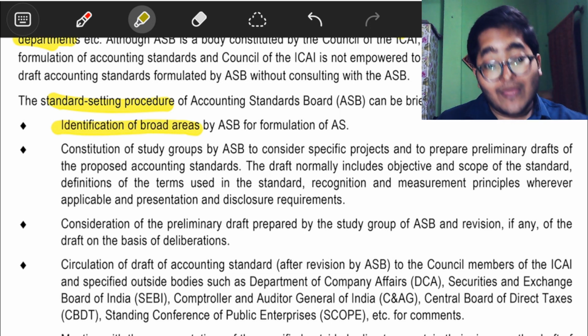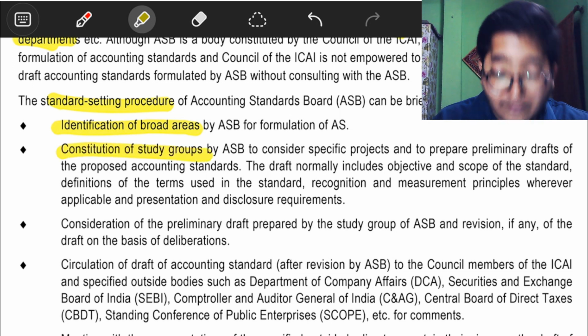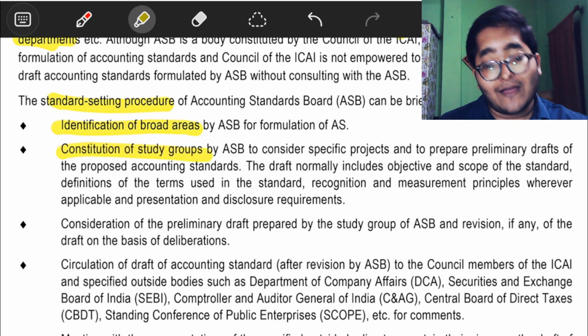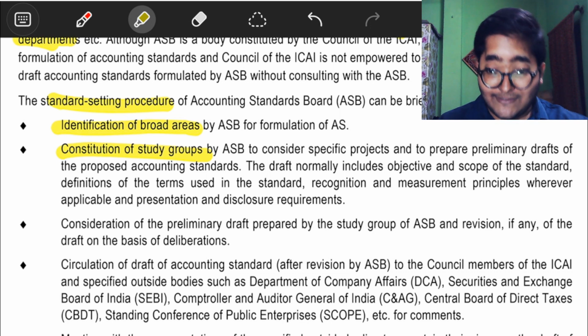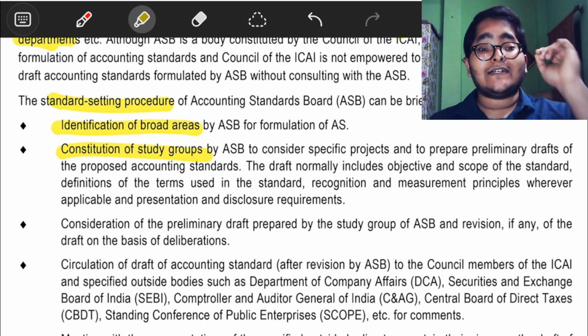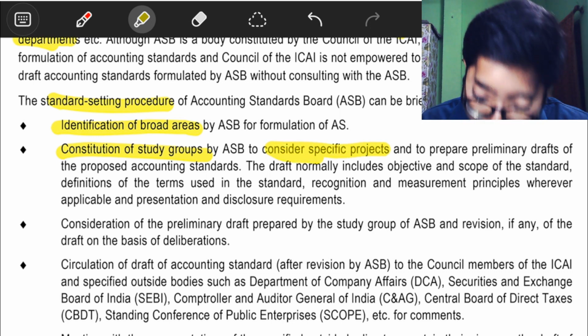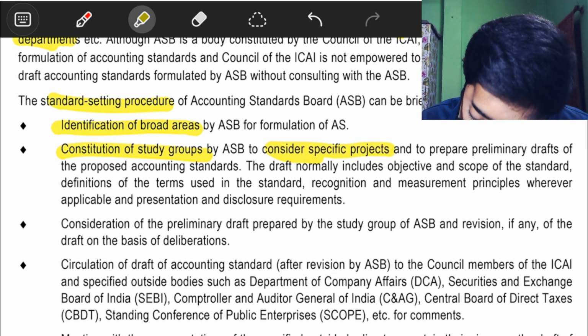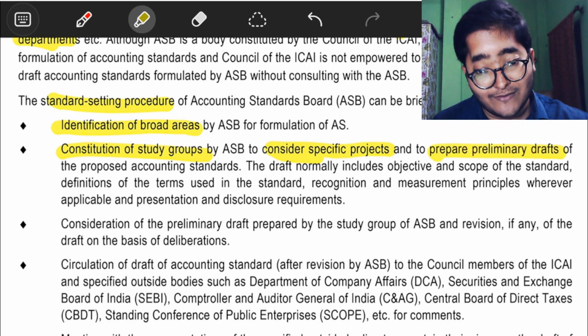Number 2, constitution of study groups by the Accounting Standard Board to consider specific projects and to prepare preliminary drafts of the proposed accounting standards. So, what is the task of the study group? It is to consider specific projects and prepare preliminary drafts of the proposed accounting standards.